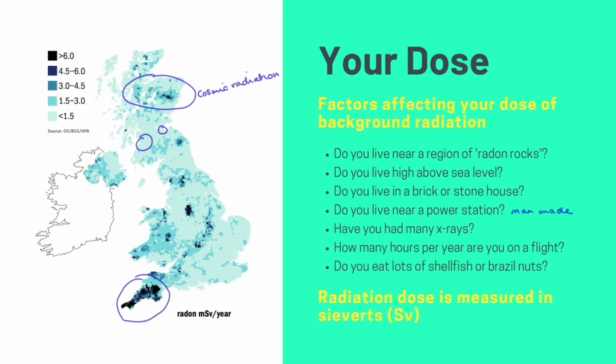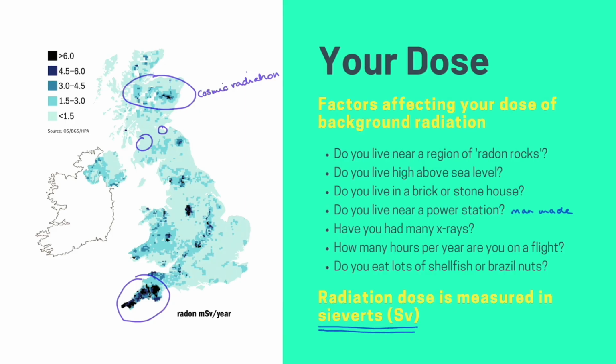Now, I don't want you to worry. Okay, because you could live in Cornwall, eat a diet of pure shellfish and Brazil nuts, and you could fly 100 times a year. You still wouldn't be in any great danger, I guarantee it, okay? But what you can do is download a little sheet below me, and you can work out what your background radiation is, and it will give you a value in sieverts.